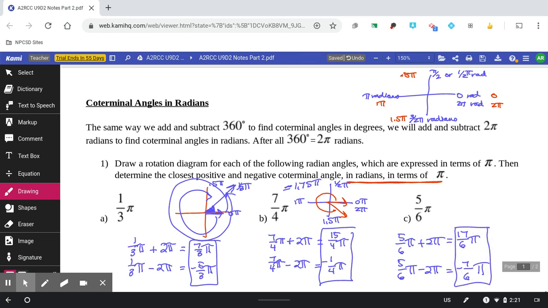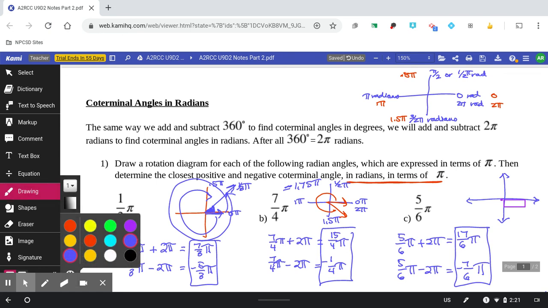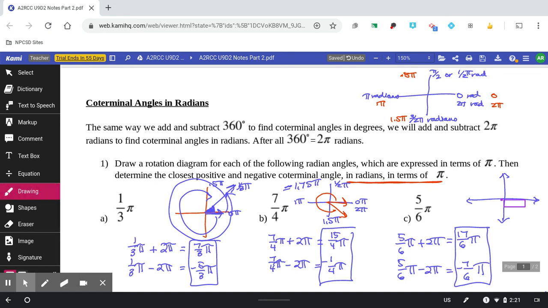Now again, 5/6 is almost 6/6, which would be 1 pi, right? 6/6 is 1. So I know that my angle is going to start here, and then it would go around and it would end almost at 1.